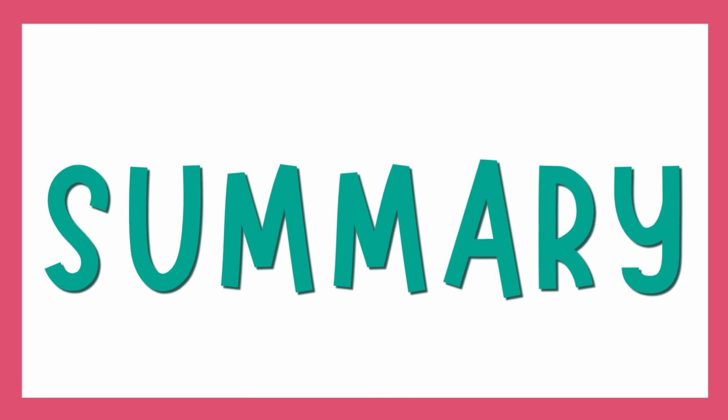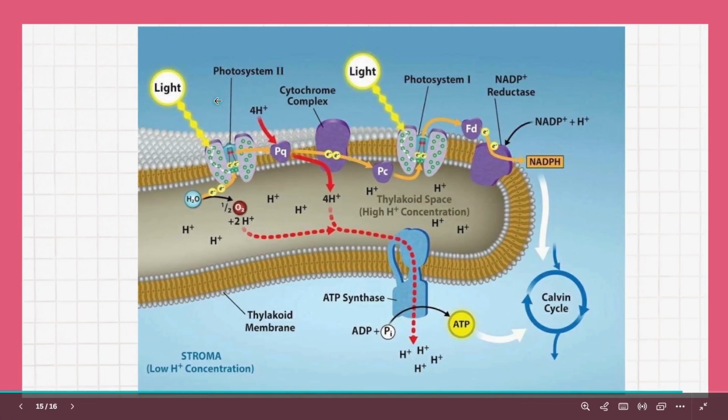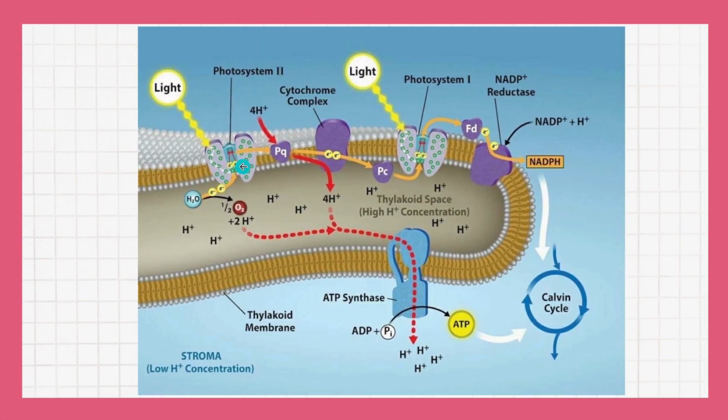So that's primarily it. Let's have a short summary about our topic. The light enters the photosystem 2. The light that enters would split the water, so the water would become electrons, hydrogen, and then oxygen.